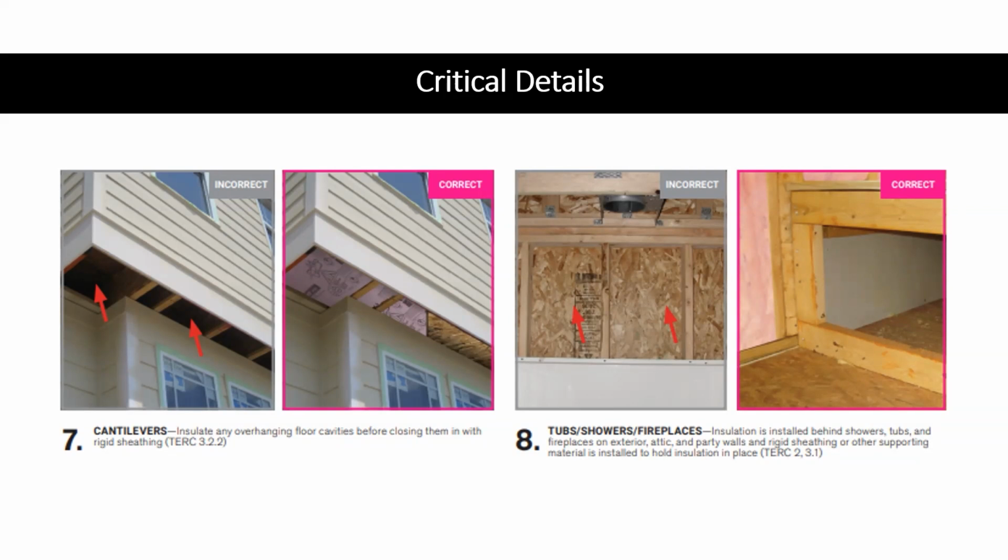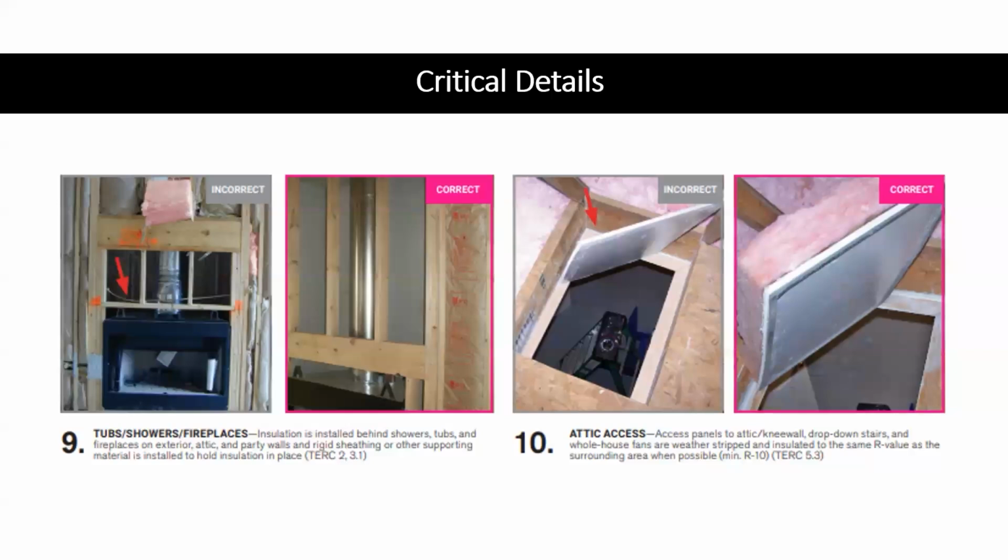But leaving it without an air barrier in front of the insulation and in contact with the insulation, code really specifies that this needs to be encased and encapsulated on all 6 sides and air sealed all the way around it, which means they call out specifically tubs and showers and fireplaces need to have an air barrier installed on the interior side, below tubs, below and behind showers, and in the back of fireplaces.